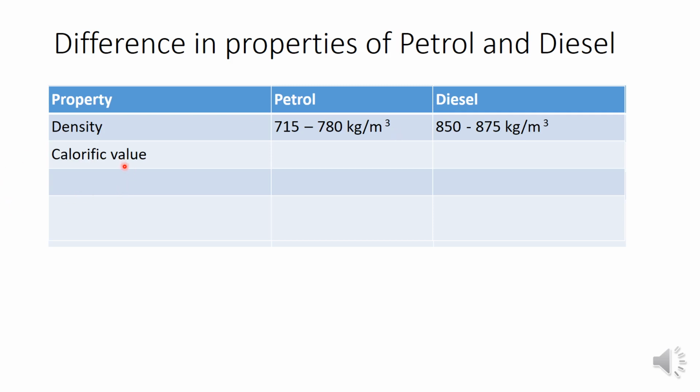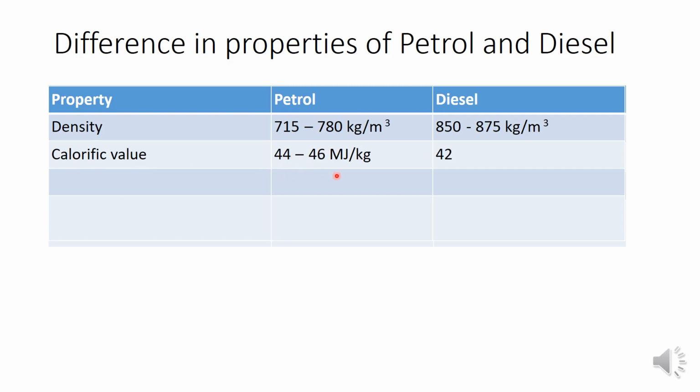Another property is the calorific value. What is meant by calorific value? It represents the energy content of a fuel. The energy liberated by burning 1 kilogram of a particular fuel is known as its calorific value. Every fuel will have a particular calorific value.